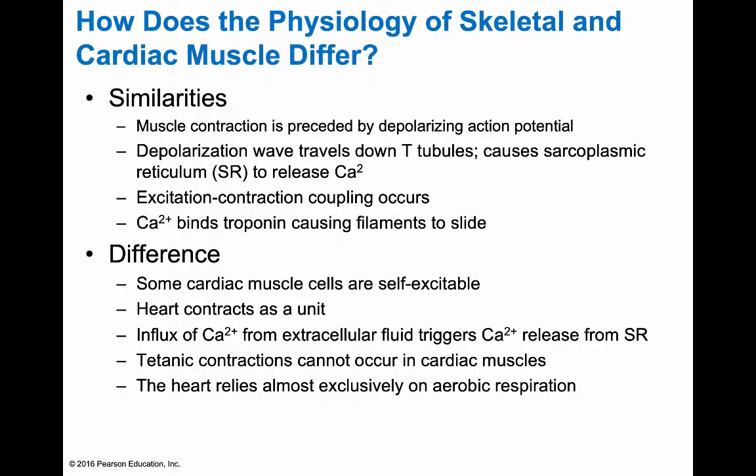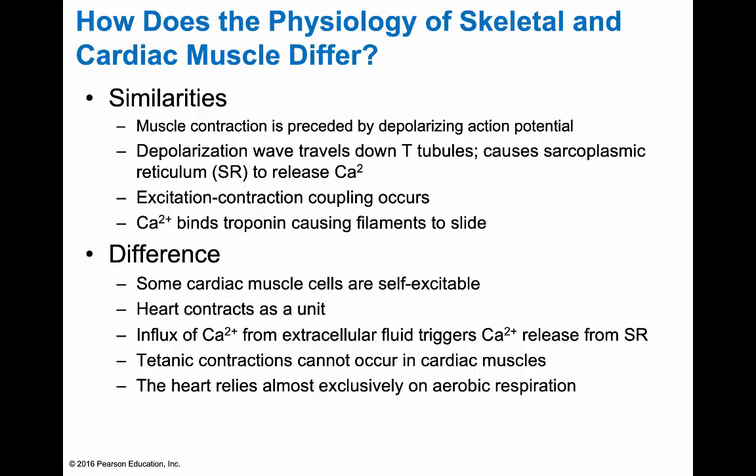Now, the difference is that cardiac muscles are self-excitable. They're not having a neurotransmitter come from the nervous system to allow it to happen. It is self-excitable, and we're going to talk about that later in this lecture. It contracts as a unit, the entire heart, from all the muscle, not just one muscle fiber or one muscle itself.